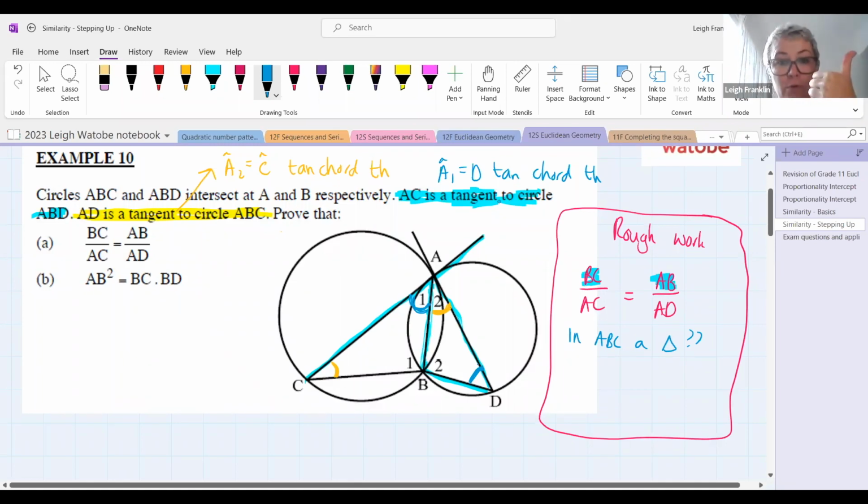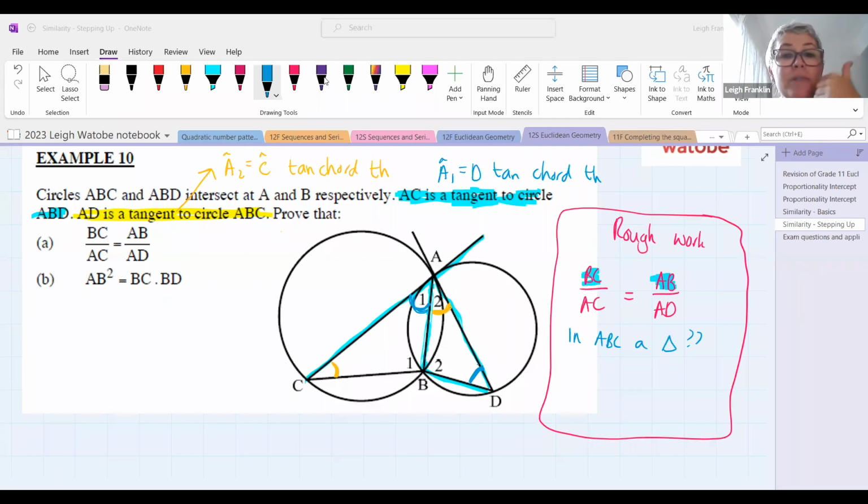Yes, beautiful. Okay, now we do the same thing with the denominators. AC, AD. So now we ask ourselves, is ACD a triangle? Go back and have a look.